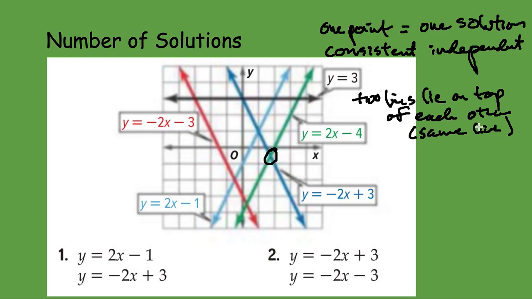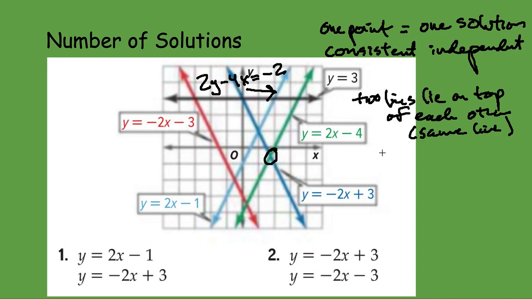It would be kind of like if we had y equals 2x minus 1, and then somebody else called this 2y minus 4x equals negative 2. Which is basically what I did: I multiplied that by 2 and moved the x over to the other side.